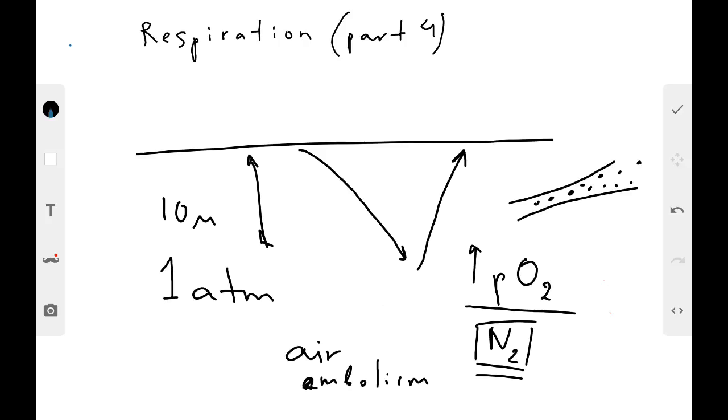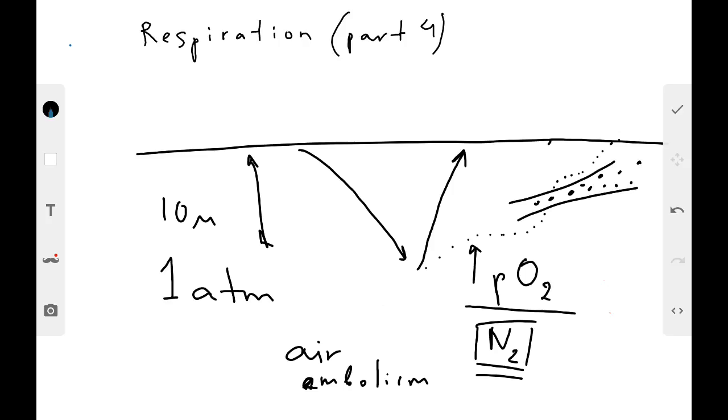First of all, a person should ascend not quickly, but gradually, making several stops for decompression, and then nitrogen is released from the blood smoothly and forms no bubbles.